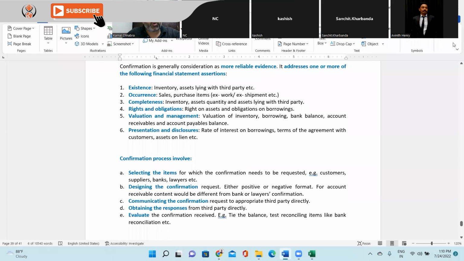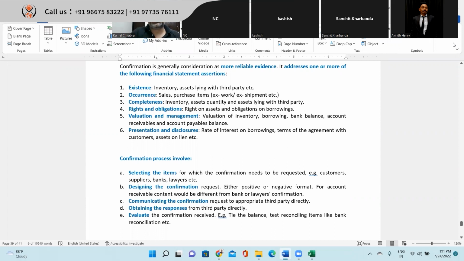Completeness: like we discussed with inventory confirmation and accounts receivable confirmation. If you receive confirmation from the customer about the accounts receivable balance, it gives you confirmation on completeness and accuracy both. It also satisfies the rights of the company to recover the money from the customer.